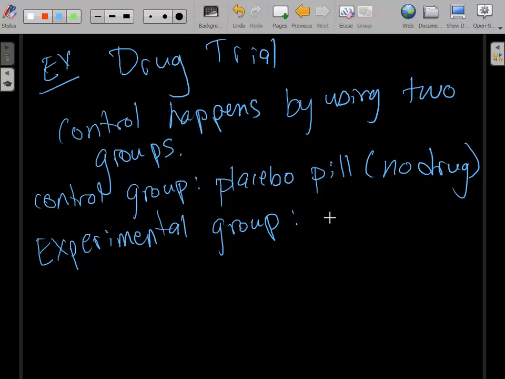So the experimental group does get the drug. Therefore the only difference between these two groups of patients is that one receives the drug and one doesn't. Now we can measure. The independent variable would be receiving the pill or not, and the response variable would be maybe patient outcome.